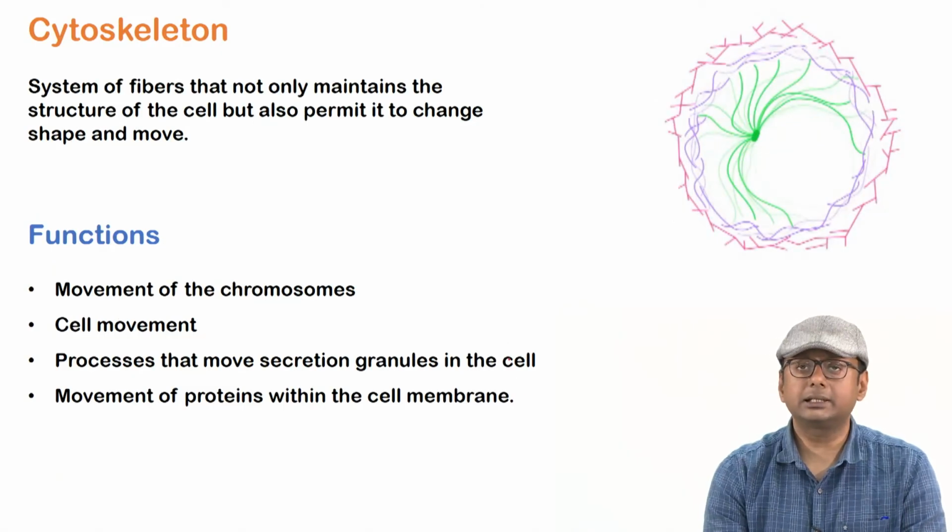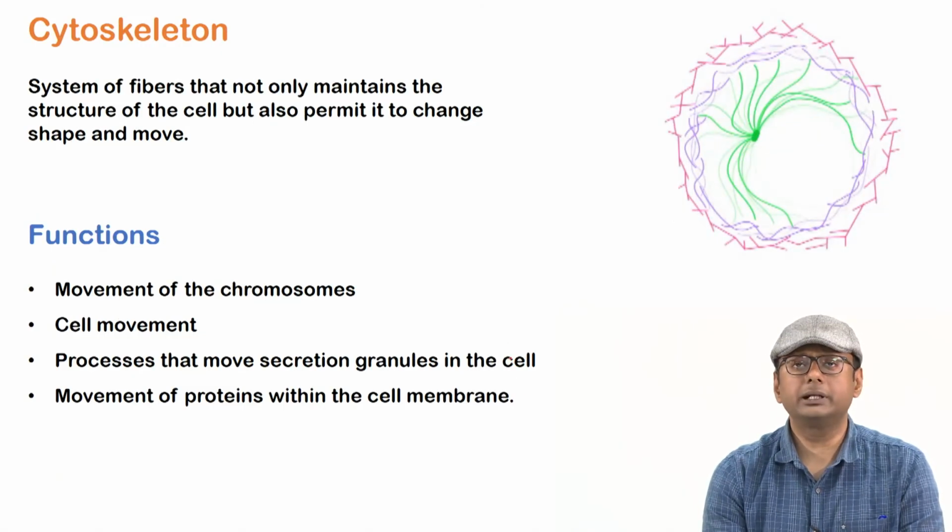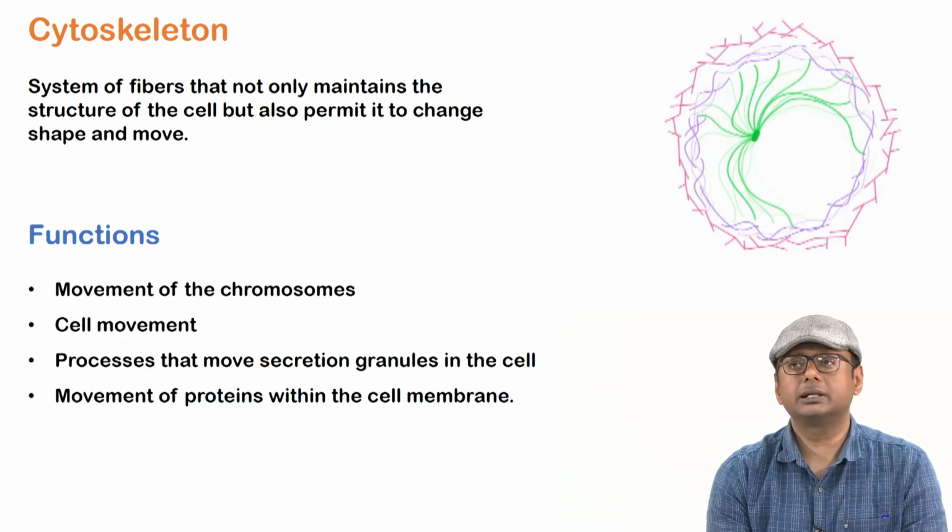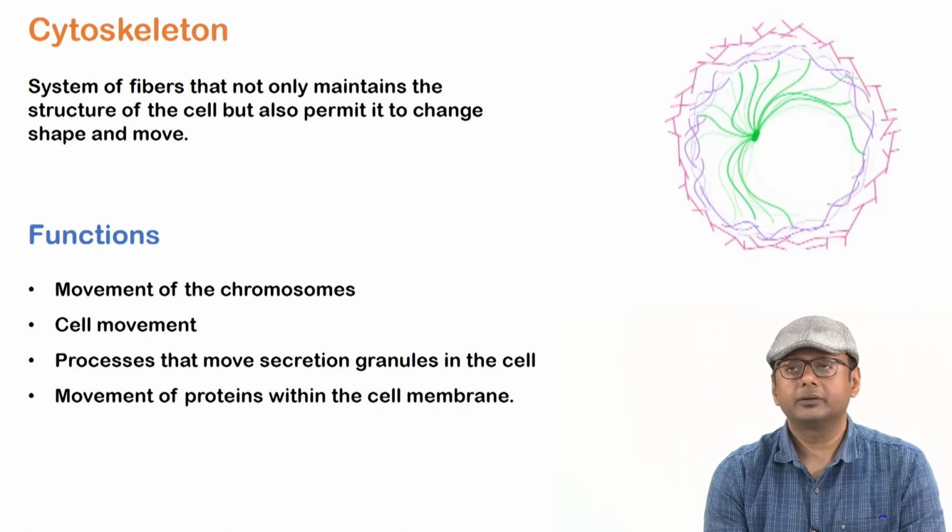Finally, the cytoskeleton. Cytoskeleton is very important. It is a system of fibers that maintains the structure of the cell, right? You can see this cytoskeleton network is holding the cells. So if there is no cytoskeleton, what will happen? The cells will basically fall apart.